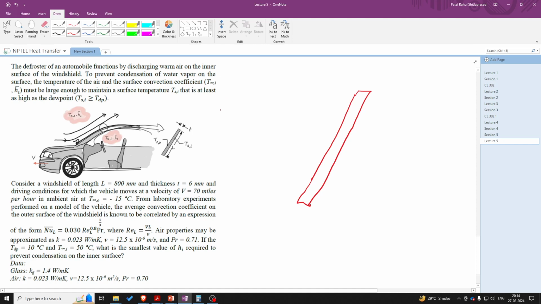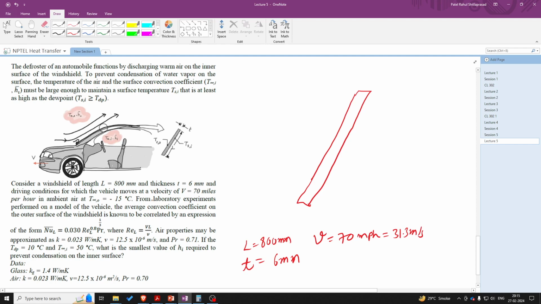The thickness of this glass we have been given as 6 mm and the length is 800 mm. So length L is 800 mm, thickness T is 6 mm. The velocity of the car is 70 miles per hour, so this will come around 31.3 meter per second.